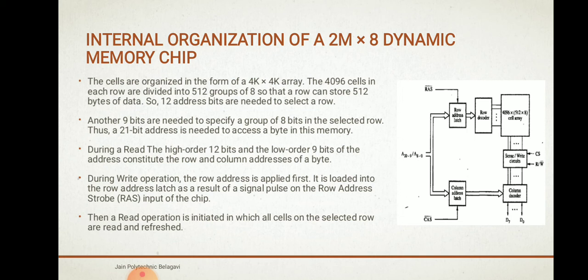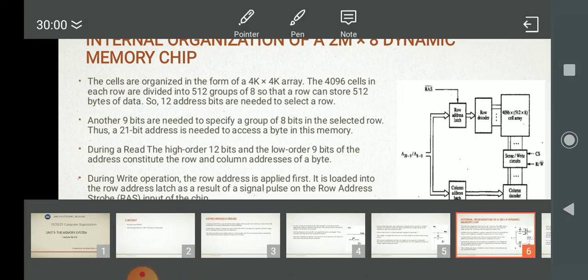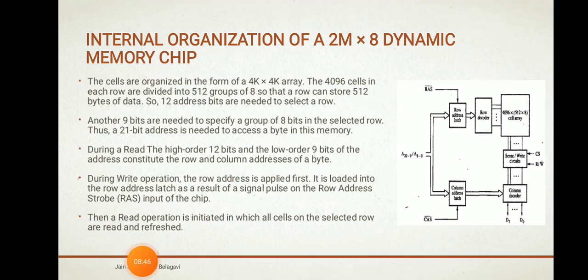So whenever you are reading some value from a given row, a read operation is initiated in which all cells of the selected row are read and refreshed. Now suppose you are reading some amount of information from a given row.